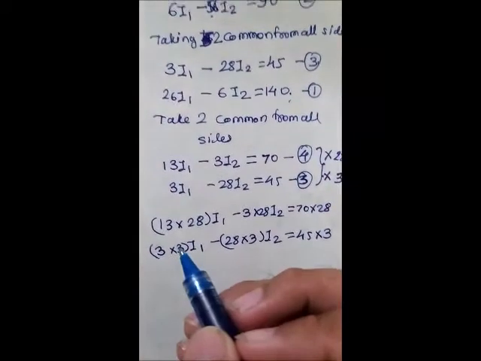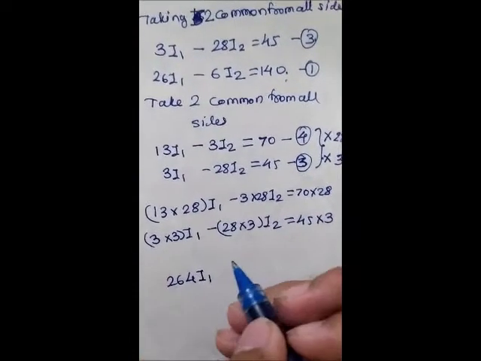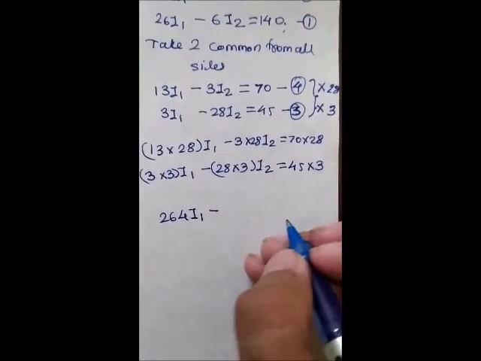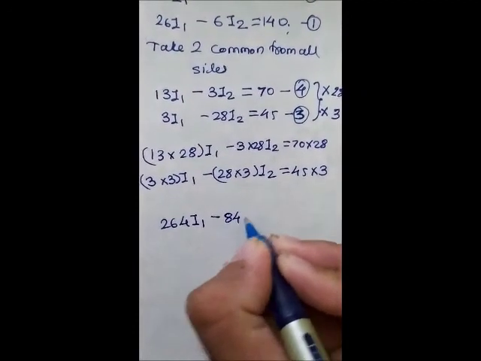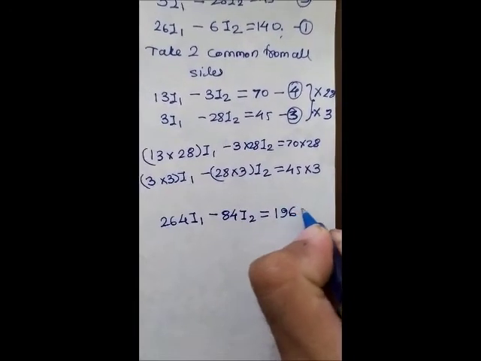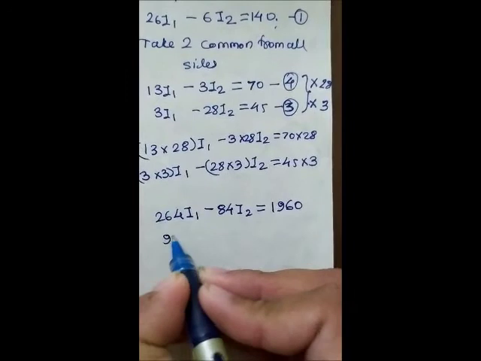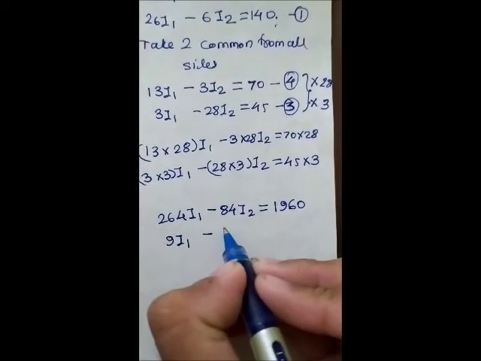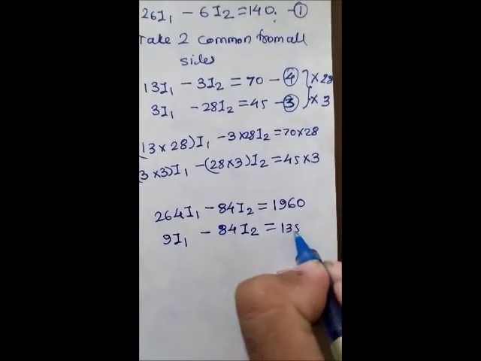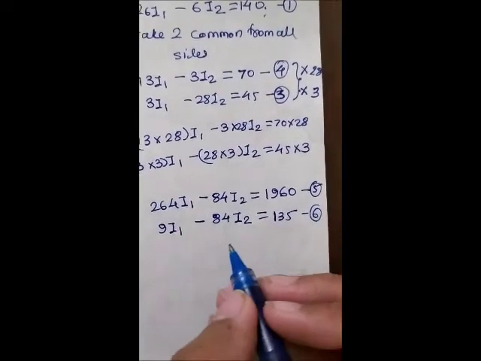So multiplication 13 into 28 is 364 I1 minus 3 into 28 is 84 I2 is equals to 70 into 28 is 1960, and the multiplication 3 into 3 is 9 I1 minus 28 into 3 is 84 I2 is equals to 45 into 3 is 135. Equation number 5, equation number 6. Now solve the simultaneous equation.